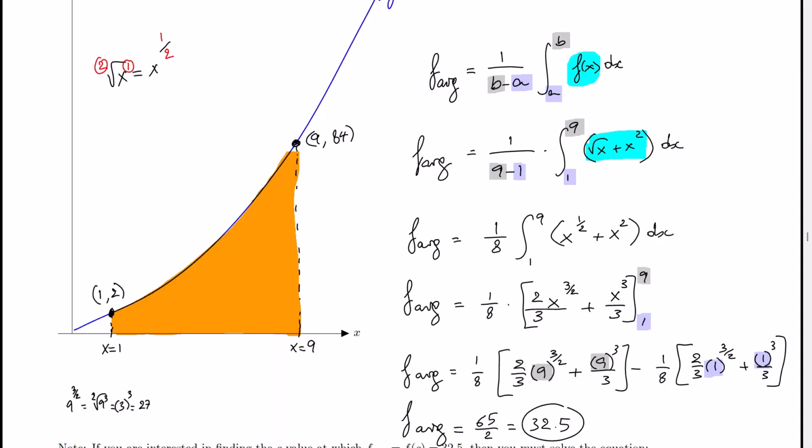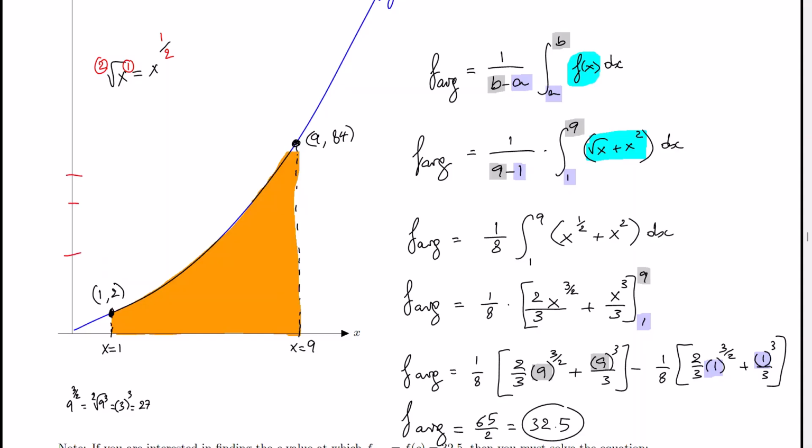So there's 3 straight sides, but this side over here is not vertical and not horizontal. It's a little bit curvy. So if I wanted to convert this area into a rectangle that starts at 1 and ends at 9, right? If I want to convert the orange area into a rectangle starting at 1, ending at 9, where would I need to put my rectangle?